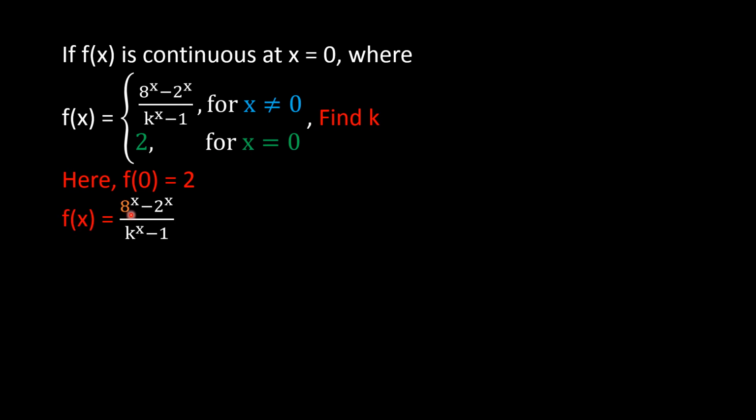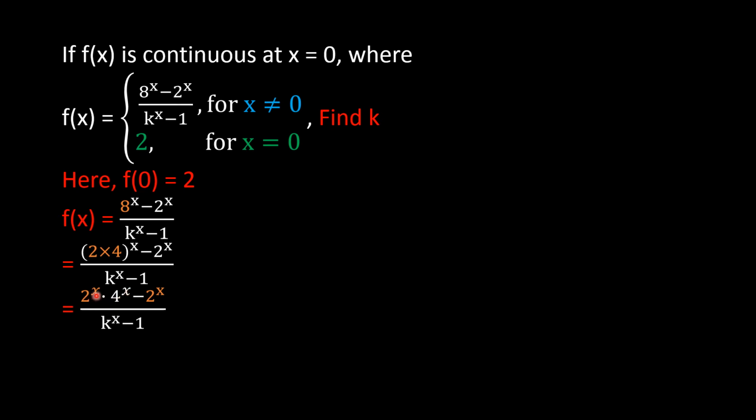Here f(x) is 8 to the power x minus 2 to the power x divided by k to the power x minus 1. First we will write this 8 as 2 multiplied by 4. We will write this as 2 to the power x multiplied by 4 to the power x.